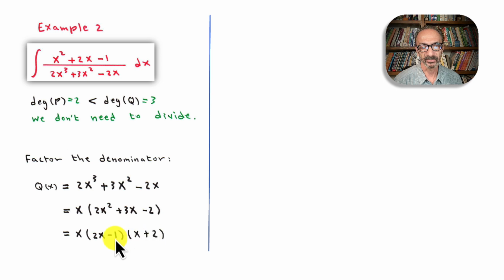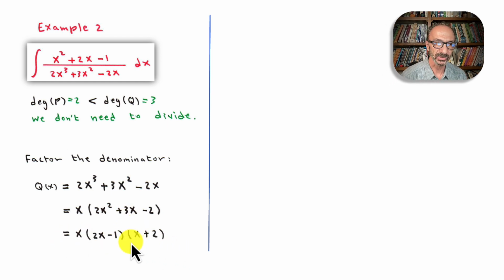Notice 2 times negative 1 is negative 2, and I have x times 2x, 2x to the second, and the inner and outer terms will combine to 3x. Let's take a look. 4x, that's 2x times 2, minus 1x, 3x. Now, as you can see, we have distinct linear factors for q of x.